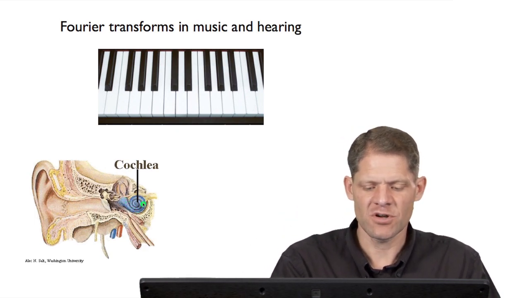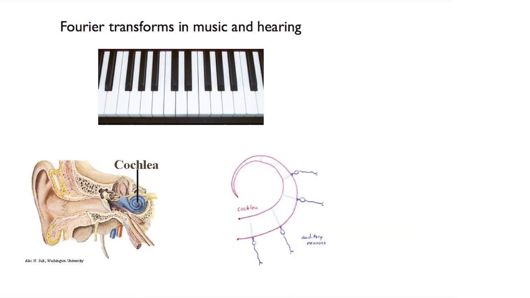And this happens in the structure called the cochlea. Simplified, the cochlea is a tube that goes to smaller and smaller diameter. And next to this tube, there are auditory neurons that are connected at different positions along the tube. And as pressure waves, let's draw them like this, hit upon the cochlea, these pressure waves pass through the fluid, and it causes resonant signals to be built up at different tube diameters.